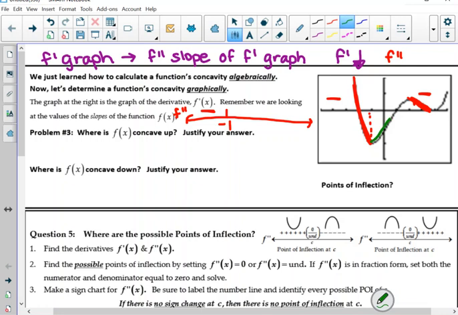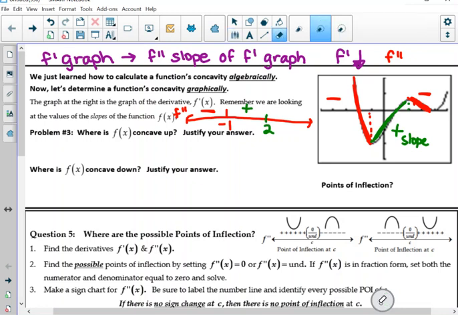I then have a region with a positive slope. And it looks like I get that positive slope region up to where x is about 2. If I erase my marks here, you can see there's a 2. Then you can see we're going to hit here at the 4.